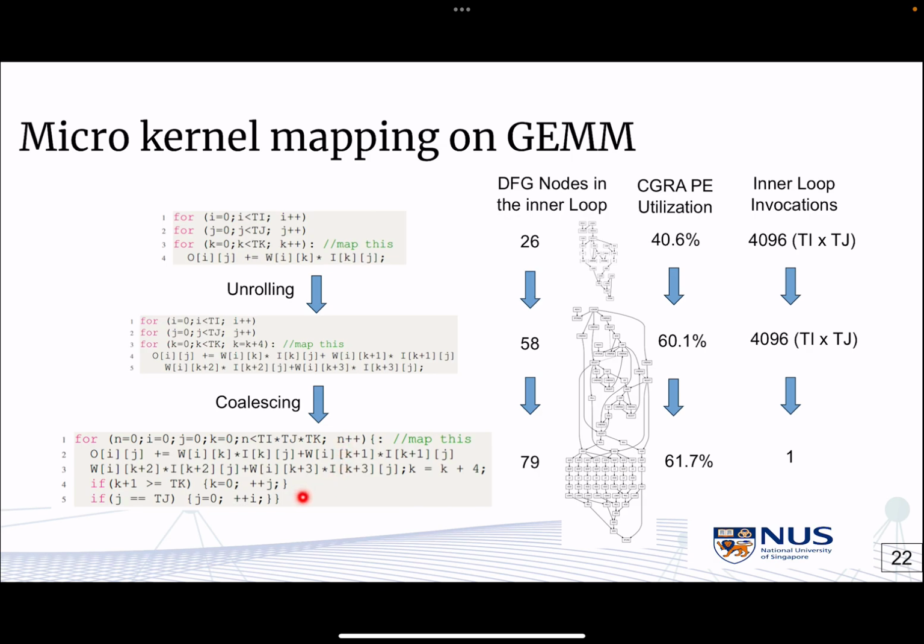Since the Morpher toolchain can map these kinds of complex loop kernels with control flow statements within the loop body, it can support this optimization. The number of DFG nodes in this case is 79. The PE utilization is roughly the same, but we can reduce the number of loop invocations to one, which gives huge speedups because of the lower invocation overhead.